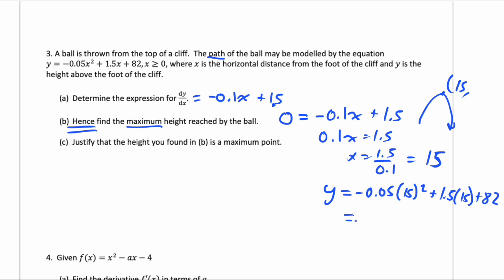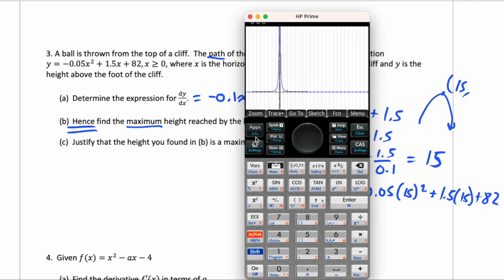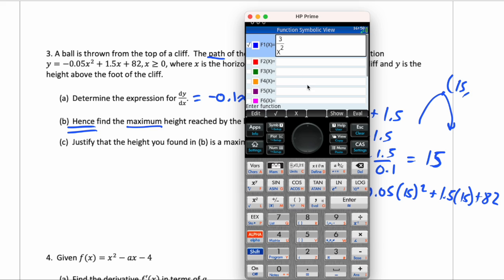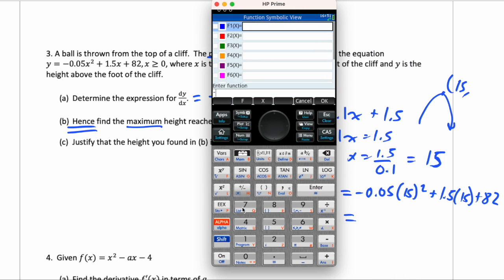Okay, so we're going to figure out what that is on our calculator. I'm going to not type all that in, just type it in as a function. So we've got negative 0.05x squared plus 1.5x plus 82.